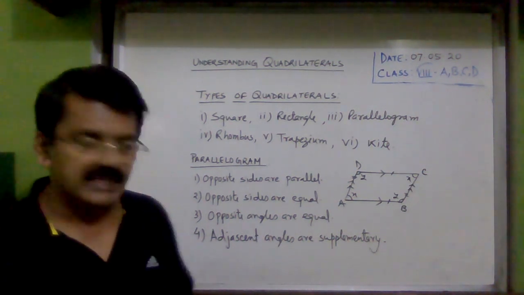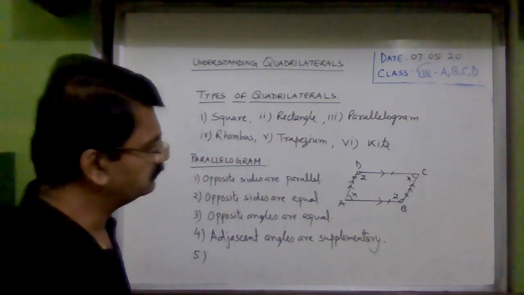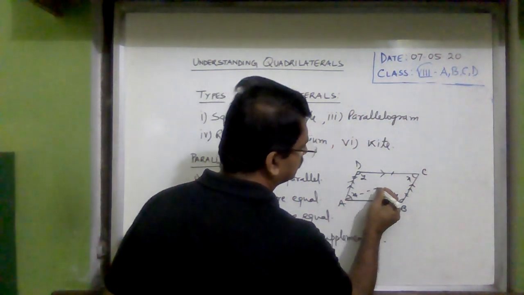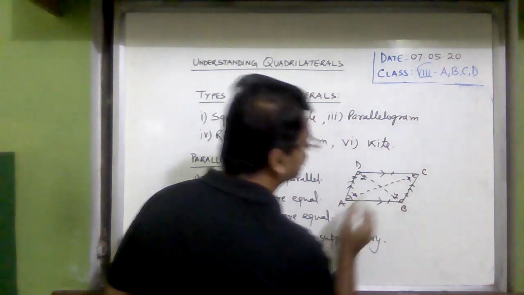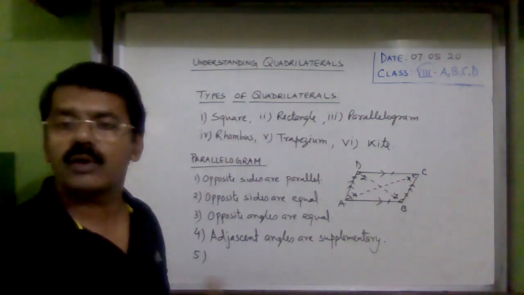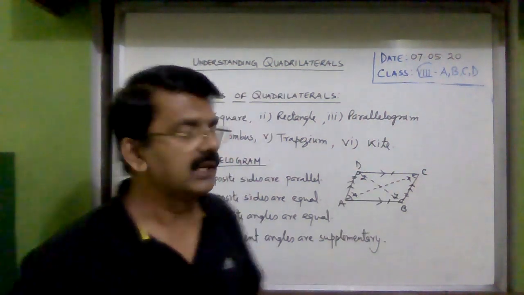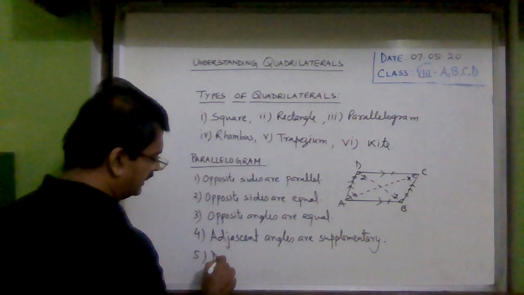Now the next property: if I draw the diagonals, it's very clear that the diagonals are not equal in length. AC is longer, BD is shorter. So the diagonals are not equal in length.